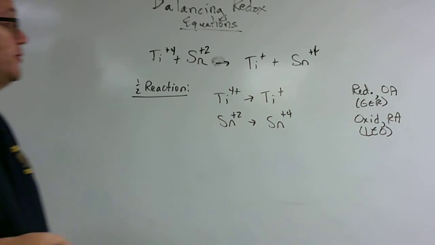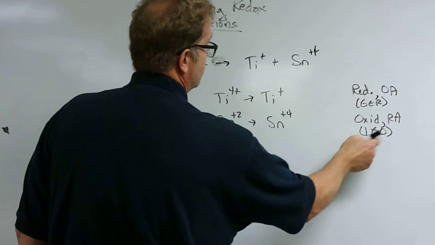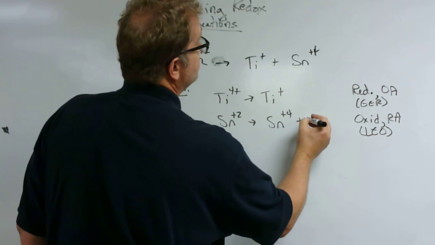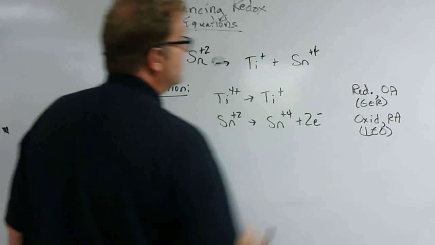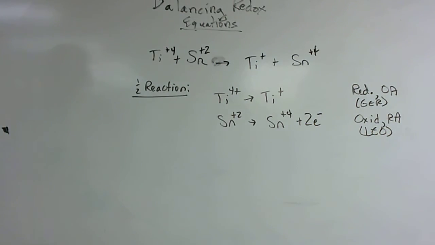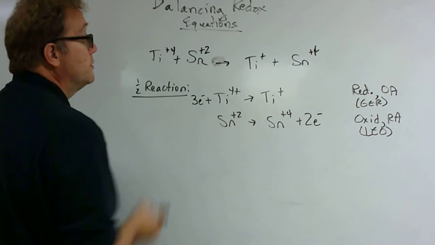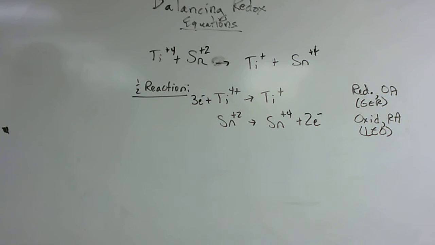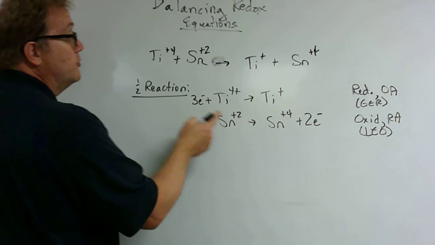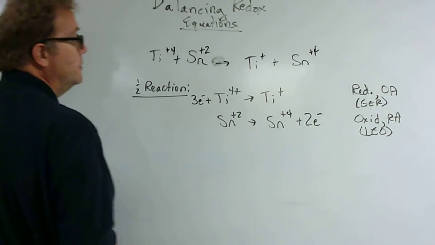Now, if it lost it, it's this one here. And then this one gains electrons, goes in the beginning. Again, we do the same thing time after time, and we deal with opposites. You're going to notice that my electrons are not equal from here to here.